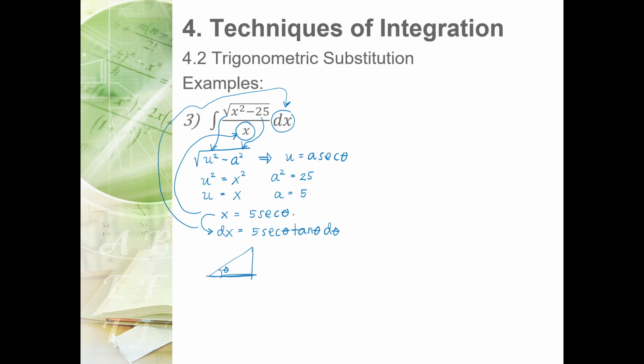As per formula, if you want to go to the basic concept, secant theta is equal to x all over 5. The definition of secant is hypotenuse all over the adjacent side. So the hypotenuse here is the x parameter, and the adjacent side is 5.